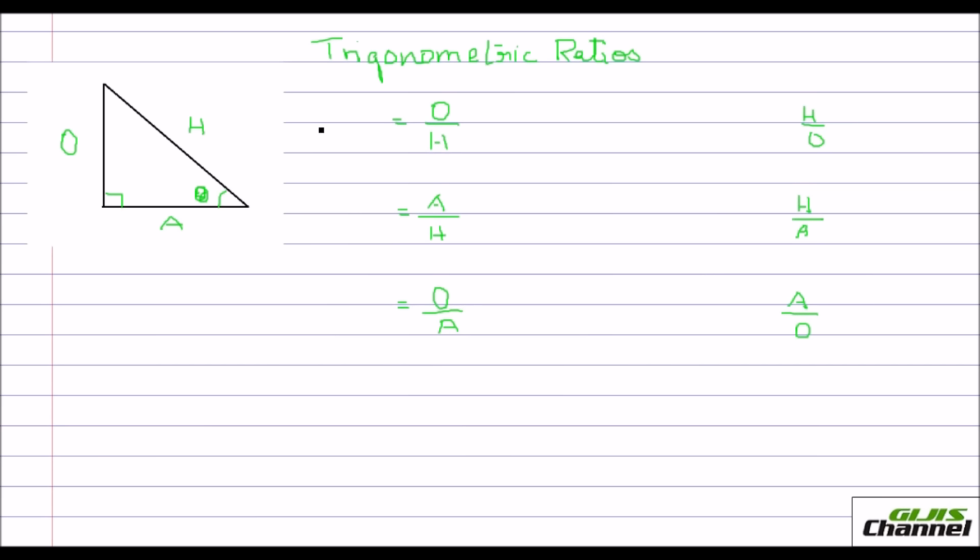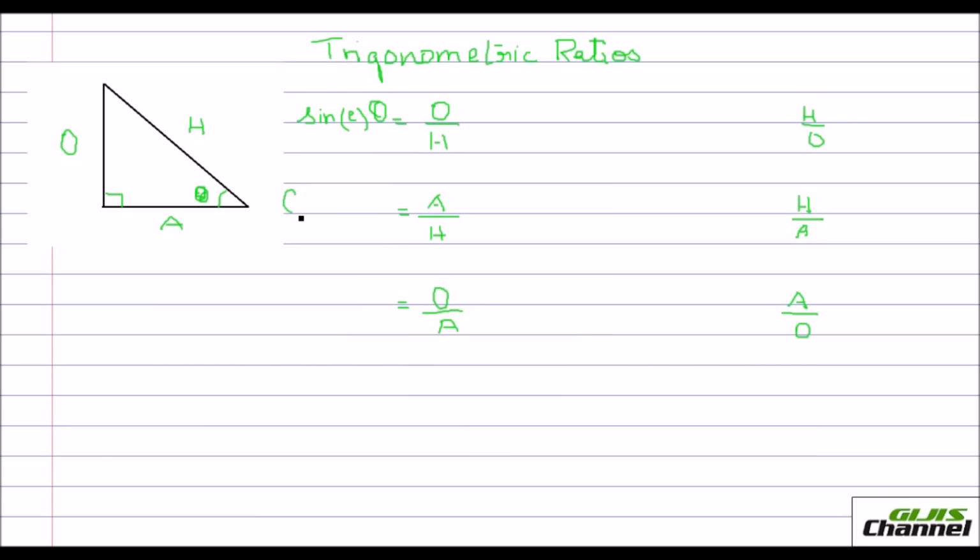So the first one is the sine theta. Okay, so it would be sine, S-I-N. Normally we represent the trigonometric ratio, the name, in 3 letters. Okay, so it is sine theta, the angle you put here. Okay, so that sine theta is opposite over hypotenuse.